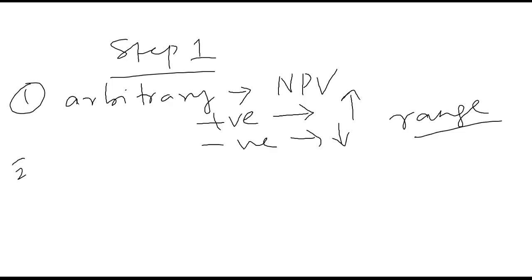Second is, within the range, the exact IRR is given as, I write on the other side. Within the range, the exact IRR is given as, this is your formula for the trial and error approach.